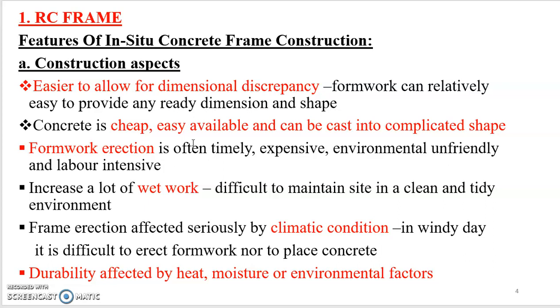We can use any dimension and apply any shape and construct accordingly. Next, concrete is cheap. The next advantage of concrete construction is that it is really cheap, easily available, and can be cast into any complicated shape as we want.